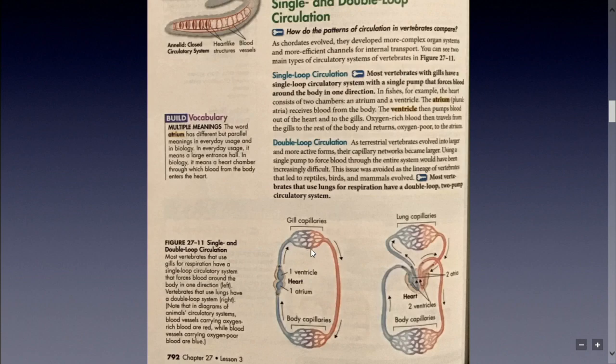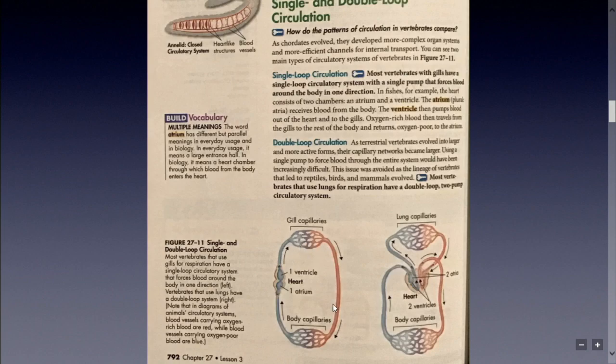So at the gills and all the capillaries there, you're going to get a huge gas exchange. You're not only going to get oxygen being brought in, but CO2 being dropped off at the gills so that the fish can release the CO2.